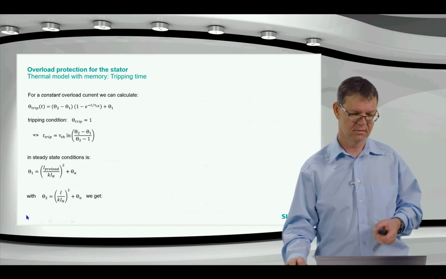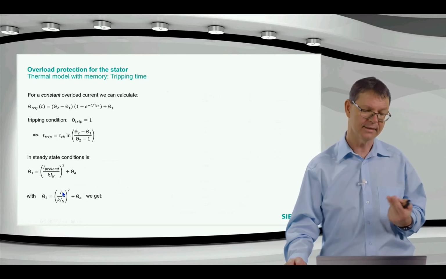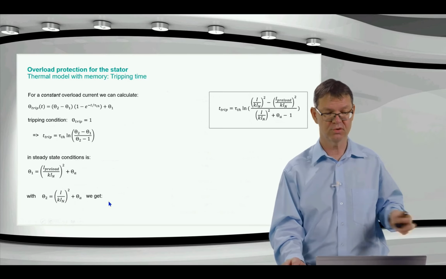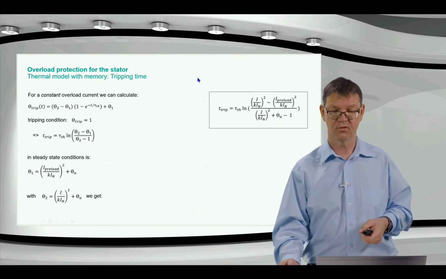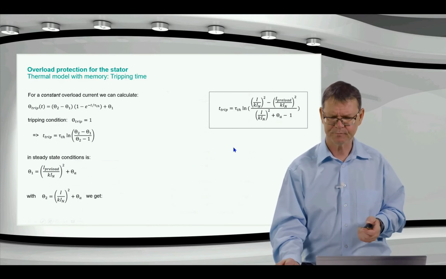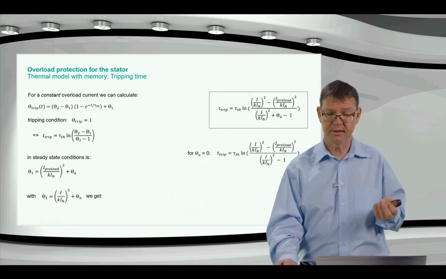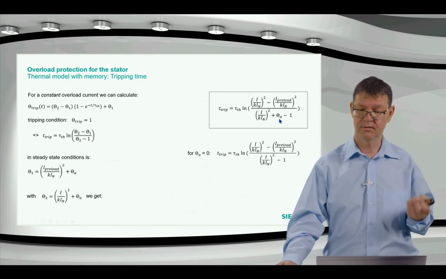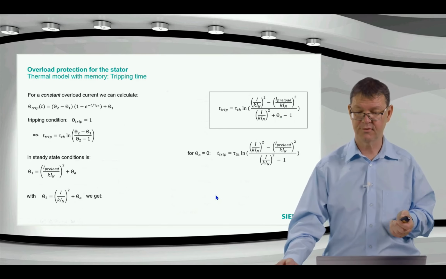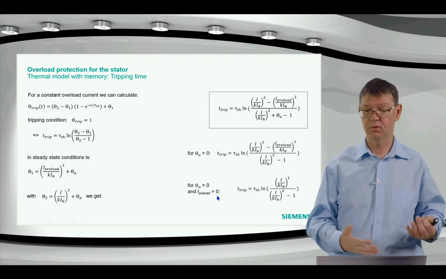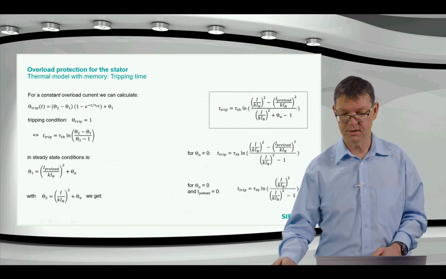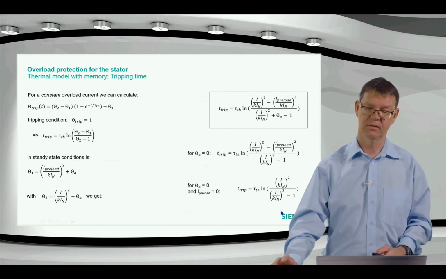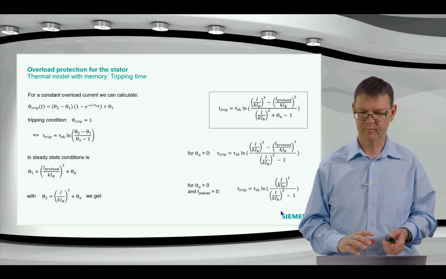Then I will get a second temperature depending on the higher or lower current plus the ambient temperature, and all put together I get this formula with a tripping time. I can simplify that. If my ambient temperature is the reference temperature, then this theta A goes out, and if I say I want to start from 0, then I do not consider the preload, so the formula gets a little bit simpler at the end.